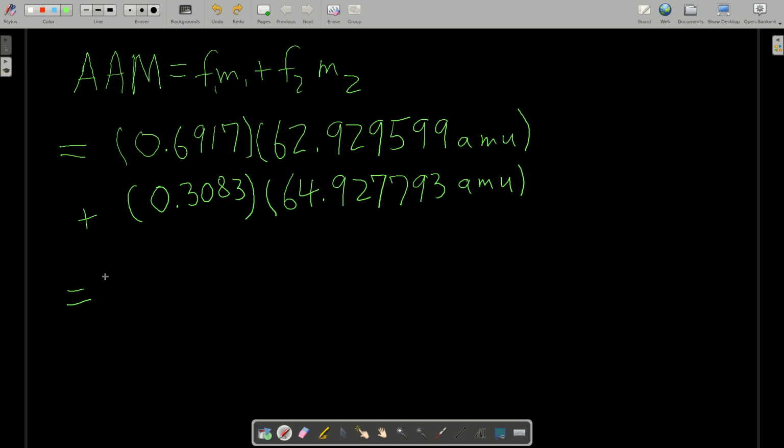And again, as always, keeping track of sig figs. Both terms get 4 sig figs because of the fractional abundances having 4.